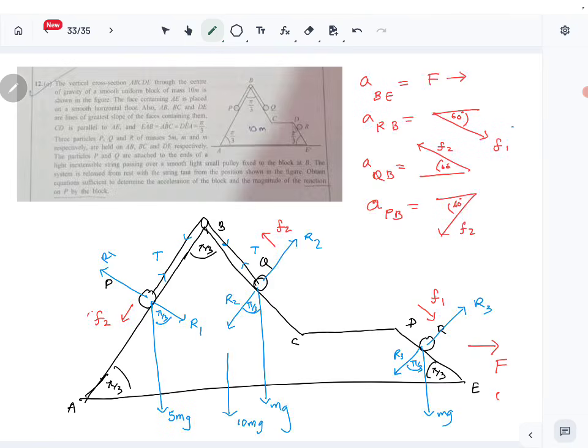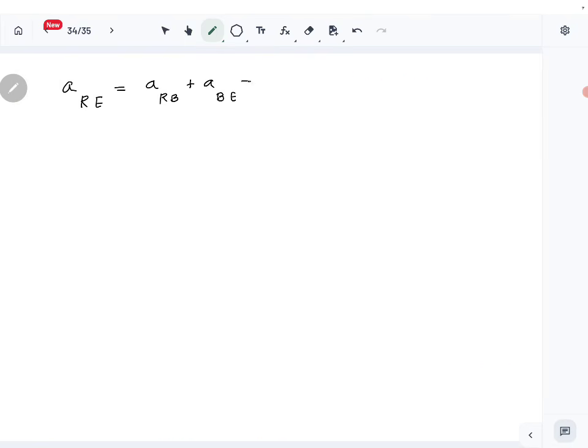A R B is that one, f1 at 60 degrees, and plus F in this direction. So then I will just combine them and use it to get the components in the correct direction. f1 here down, F here, and 60 degrees here, right?